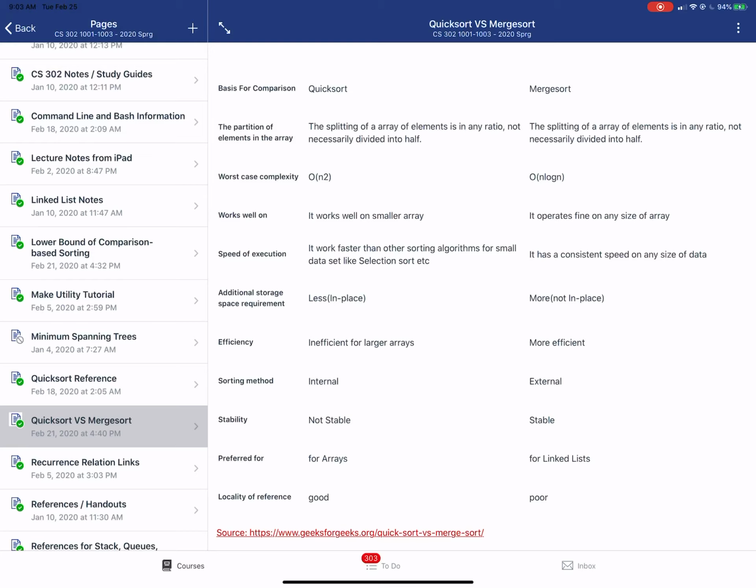And that also bleeds into the fact whether it is in place or not in place. So Quicksort is done in place, meaning that you don't need an extra array. You do it in the same array where the data is stored. You just have one temporary variable and then you swap things around, using either of the 2 methods, whether it's Lomuto or Hoare.